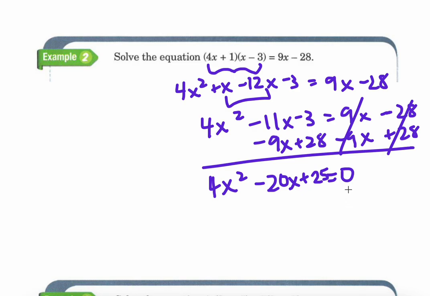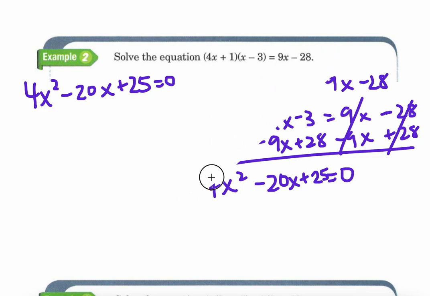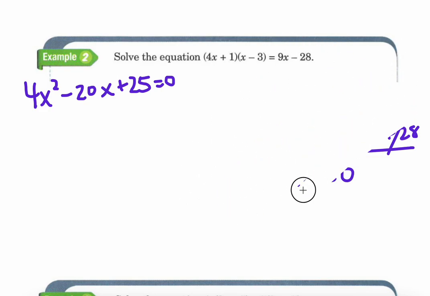Do I have a GCF to take out? No, I don't. So I'm going to use either method that I like, whether it's the diamond box method or the opposite of the repeated distribution, the AC method. And then I'm going to set each of those binomials equal to 0.